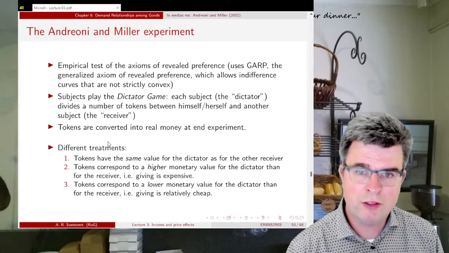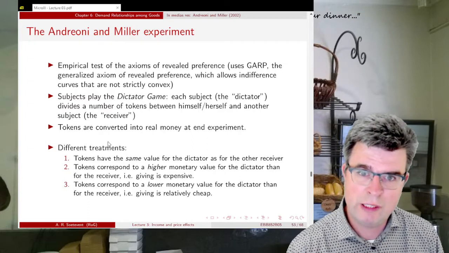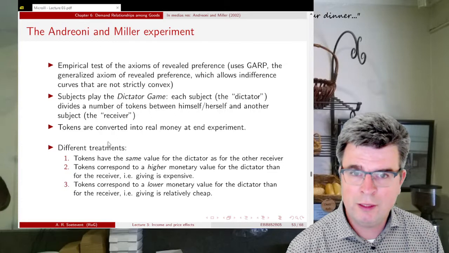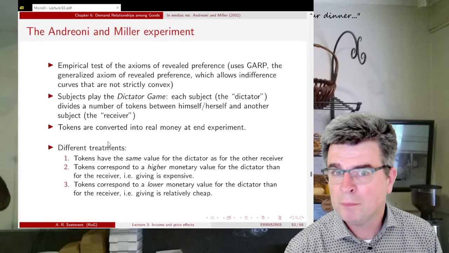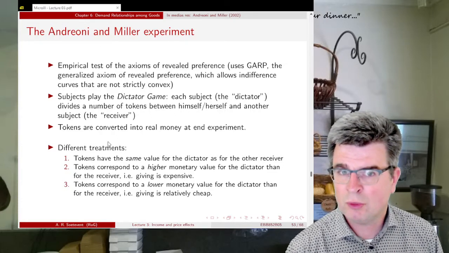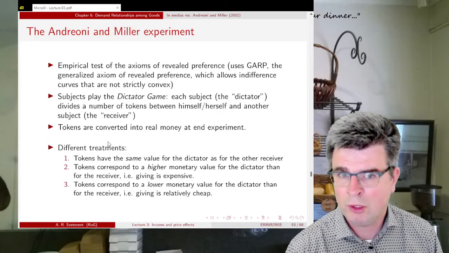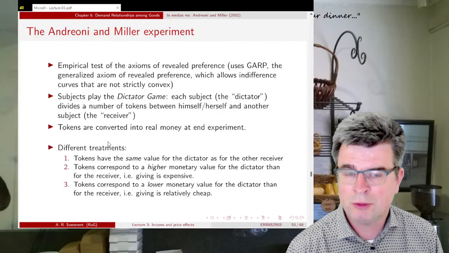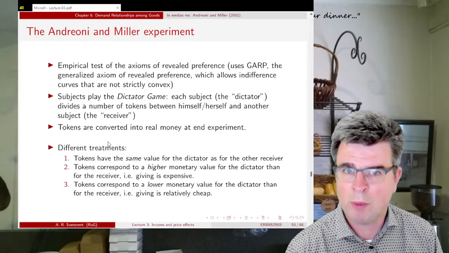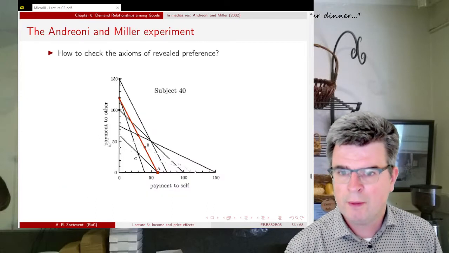And if you change the price of something, if you make something cheaper, then usually people should buy more of it. Does it also hold for giving, donating money to others? If it becomes cheaper, do people start donating more money to other people?